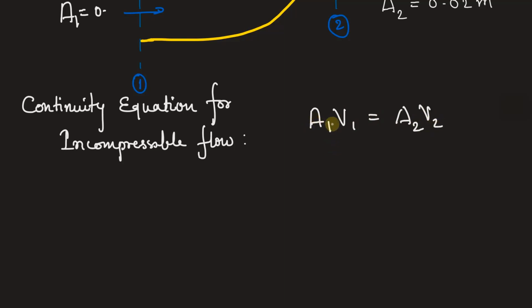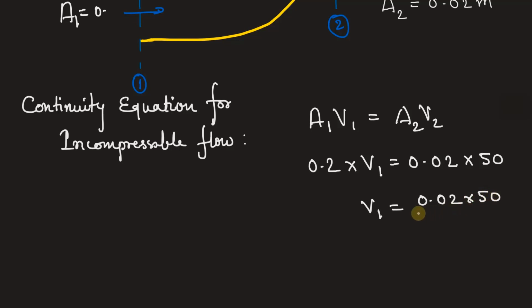Now A is the area and V is the velocity. 1 and 2 represent the cross section of the pipe. Now A1 given to us is 0.2 meter square, V1 is unknown, A2 given is 0.02 meter square and V2 is 50 meter per second. So from here we can get V1 is equal to 0.02 into 50 whole divided by 0.2. So V1 will be equal to 5 meter per second.